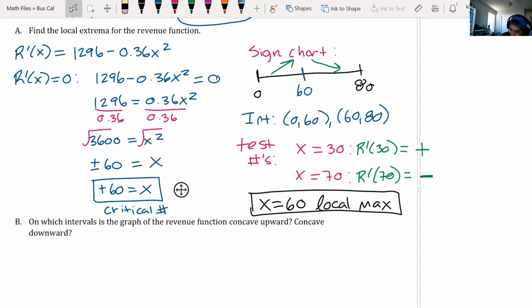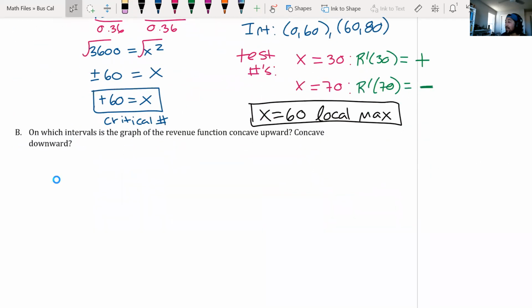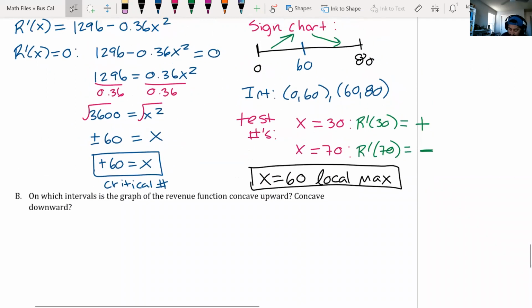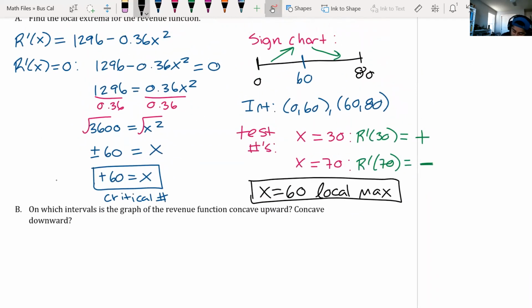All right. Last one. This one says find concavity, which means we are now going to take the second derivative. So we'll have r double prime of x, and the derivative of 1296 is 0, but the derivative of 0.36x squared is going to be negative 0.72x.